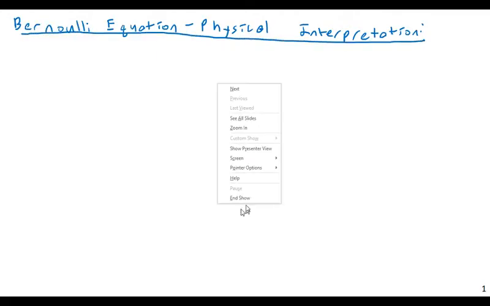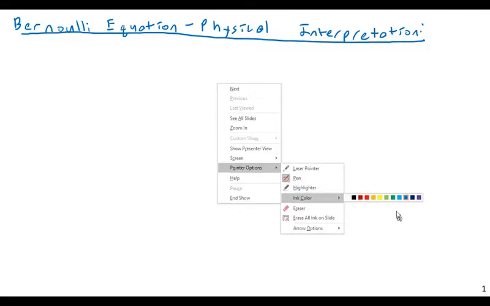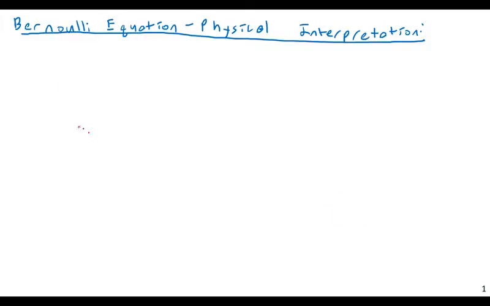So, let us write out the formula for Bernoulli here. If we remember, it's P over gamma plus V squared over 2g plus z equals constant along a streamline.